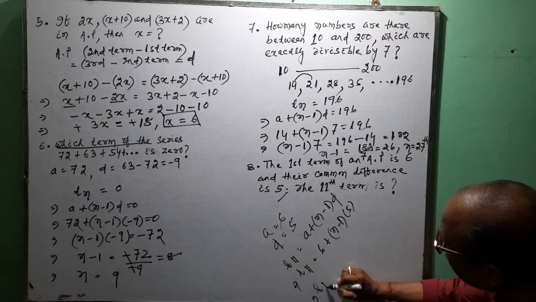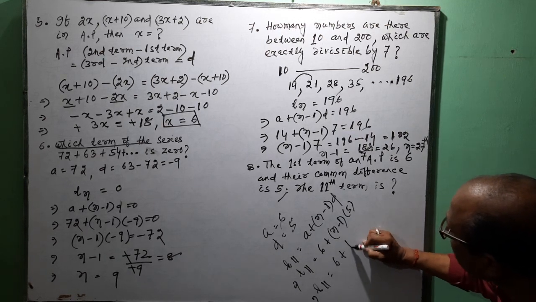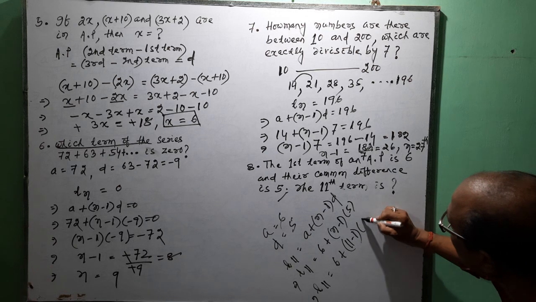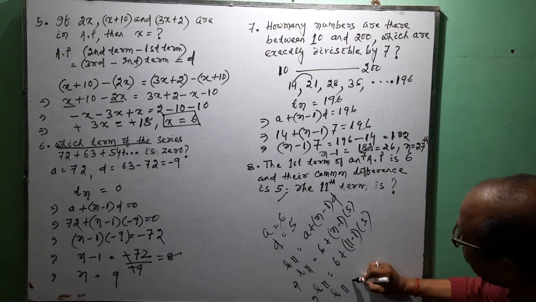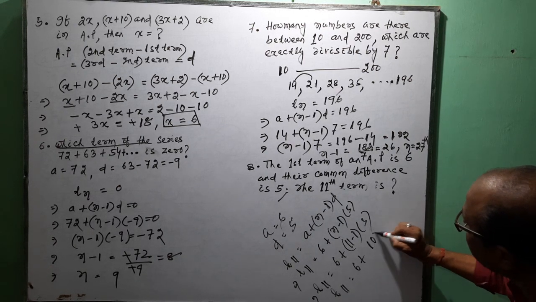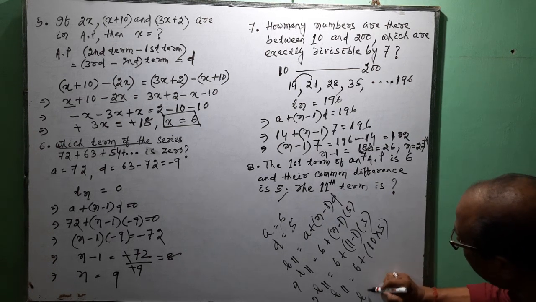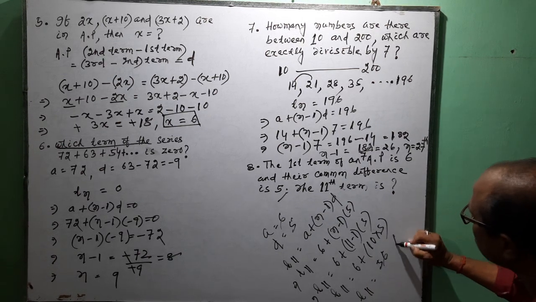So T11 is equal to 6 plus 11 minus 1 into 5. T11 is equal to 6 plus 10 into 5. T11 is equal to 56. This is the answer.